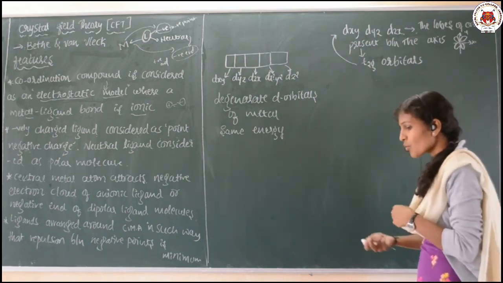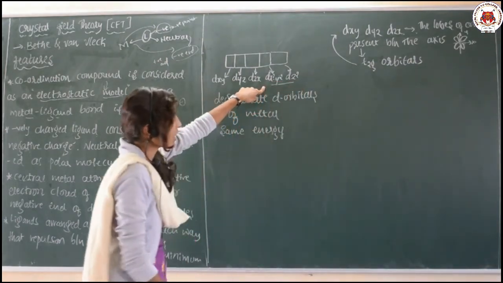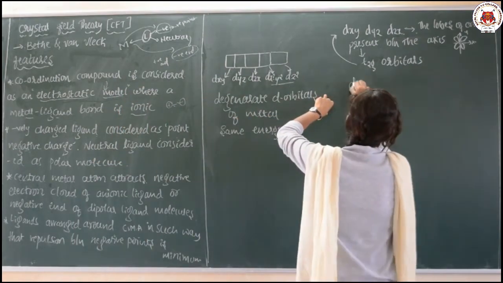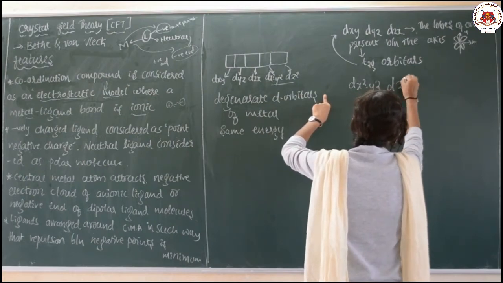Clear? And what about the other 2 d orbitals? The other 2 d orbitals are nothing but dx square minus y square and dz square. See here, dx square minus y square and dz square.